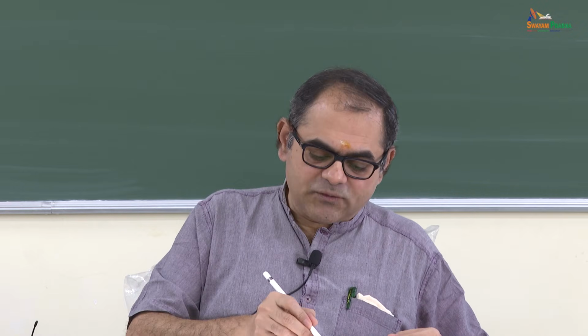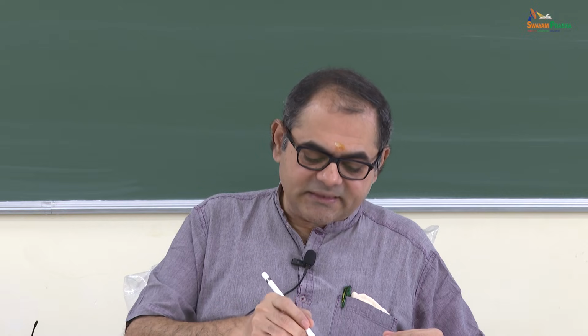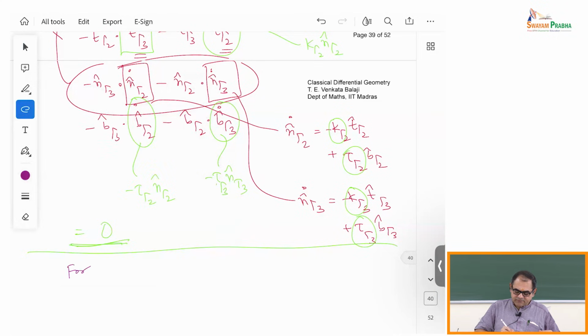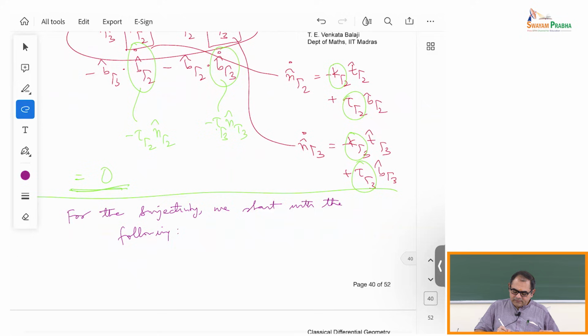I'll explain that. So for the surjectivity, we start with the following. You are looking at a capital phi and a capital psi, phi of s and psi of s.